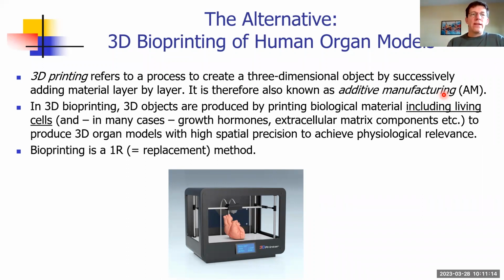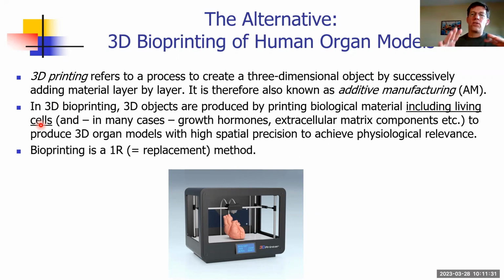So what is specific in 3D bioprinting? That is that we have living cells, living material during the printing process. There are also strategies to produce a scaffold and then repopulate the scaffold afterwards with cells.